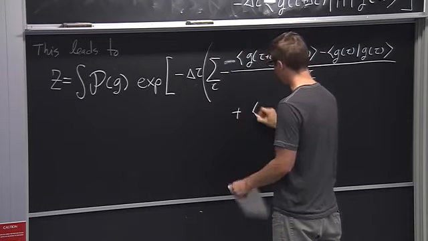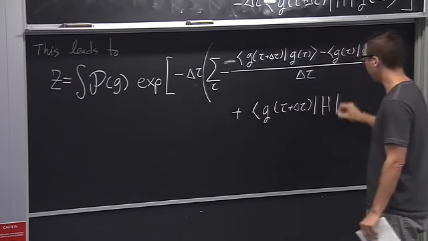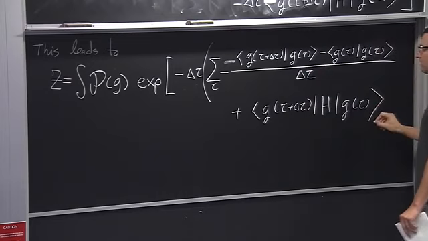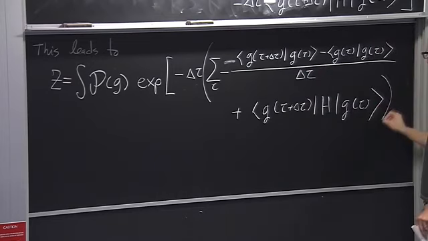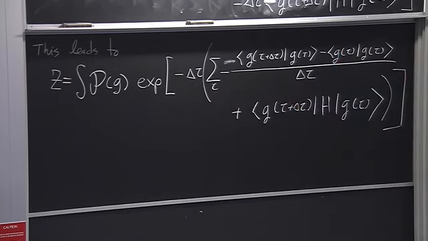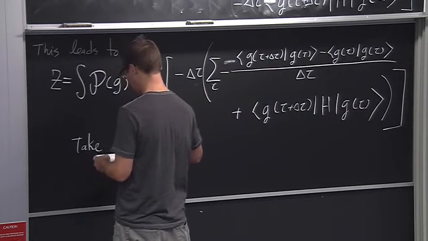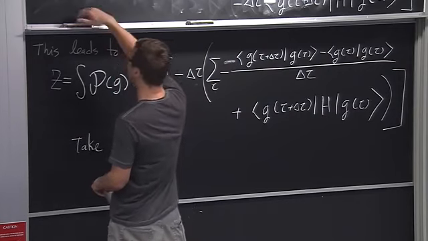Plus G tau plus delta tau, H operating on G tau. Like that, okay? I've just set that up so that you can take the limit of delta tau goes to 0 and then turn this thing into an integral. No, sum, not the integral.